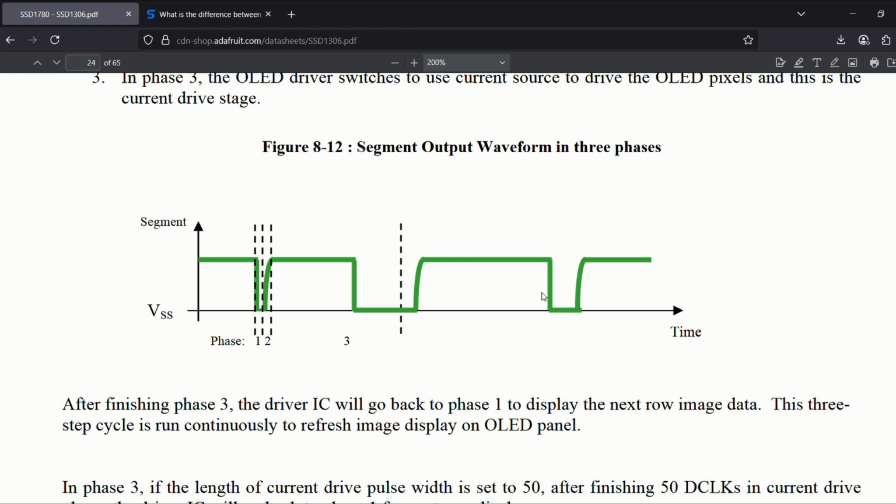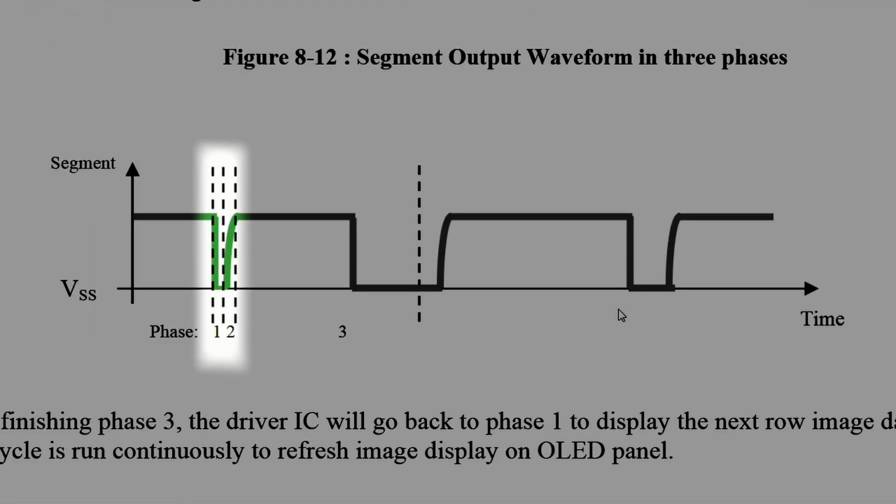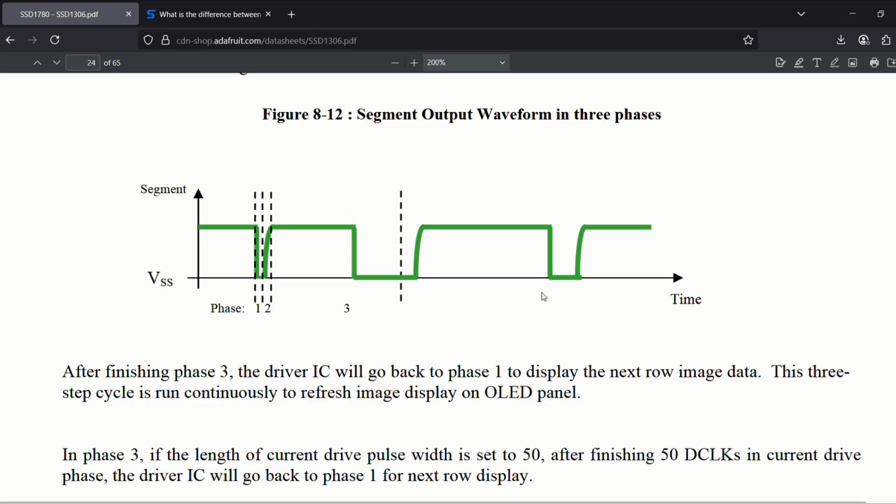If we look at the phase-wise waveform of segment driving, it happens in 3 steps, where the pixel is first discharged, then charged with new data, and finally the image is driven. This cycle repeats continuously to refresh the display.